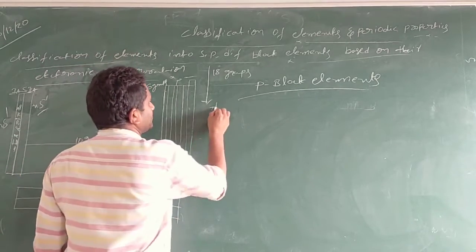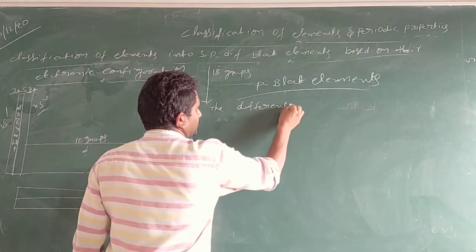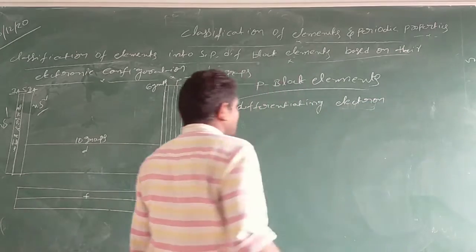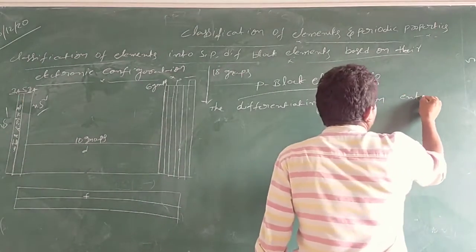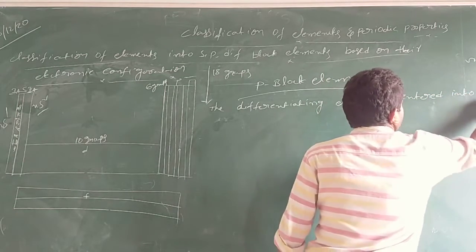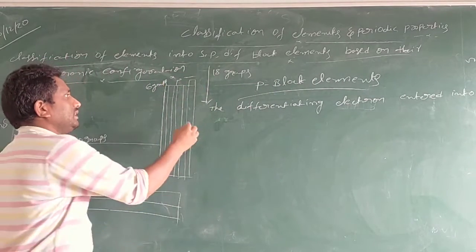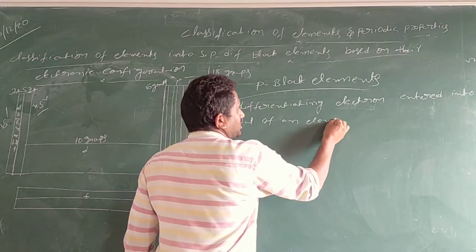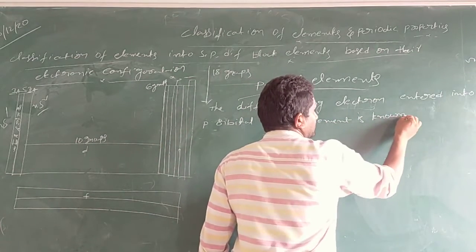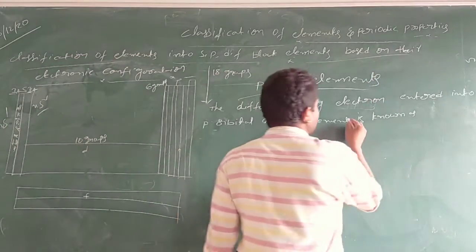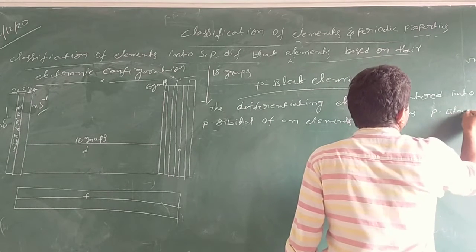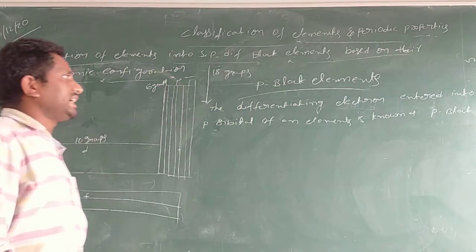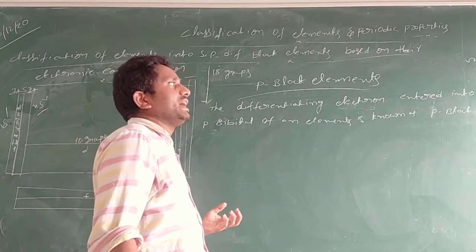The elements in which the differentiating electron enters the p orbital are known as P block elements.